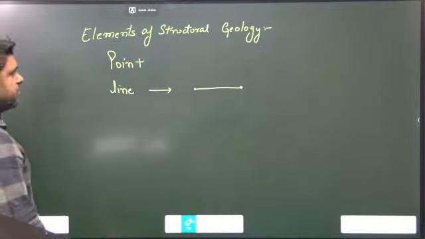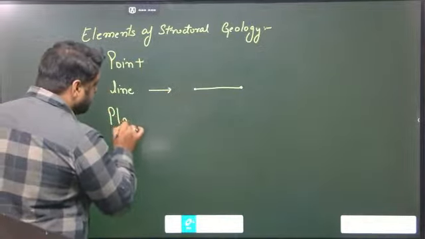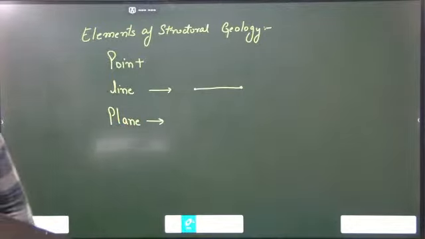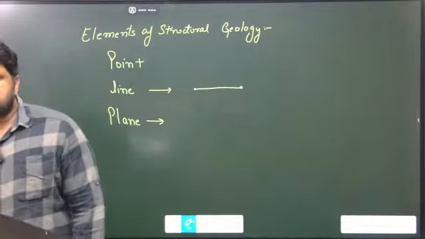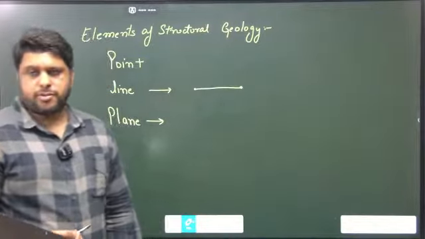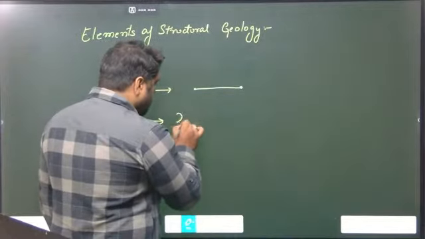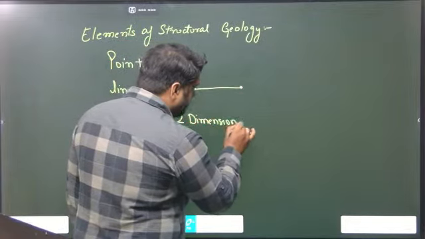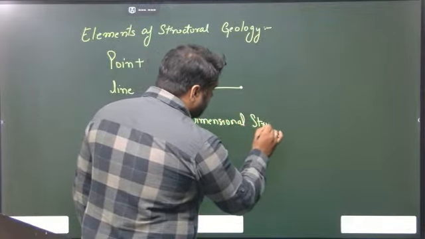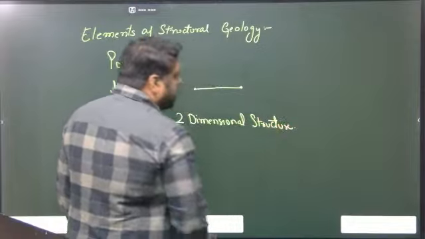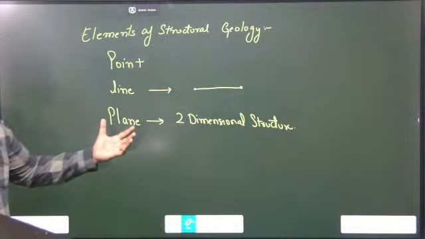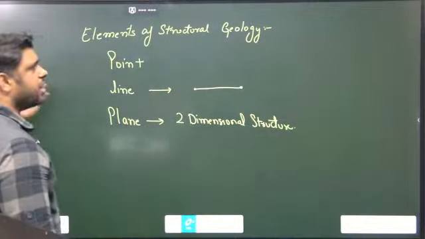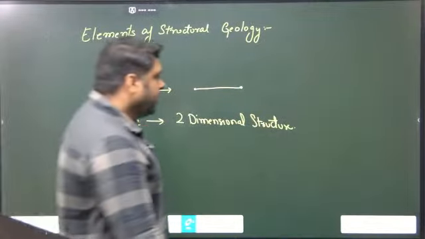Now the main thing we need to understand is the plane. A plane is a two-dimensional structure. This board can be said to be a planar structure because it has x and y coordinates.